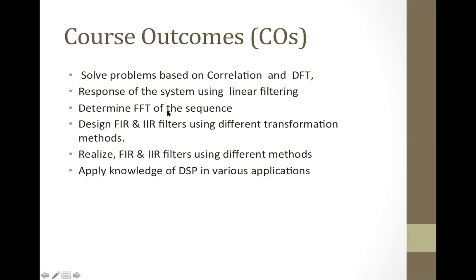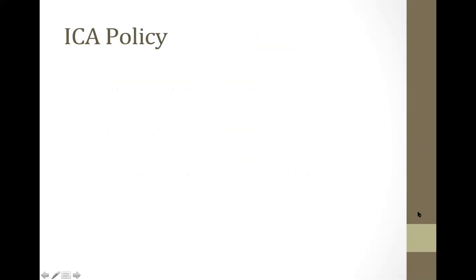Students can determine the FFT of a sequence. Students can design FIR and IIR filters using different transformation methods. Then they can realize FIR and IIR filters using different methods and apply knowledge of DSP in various applications. So these are the 6 outcomes.